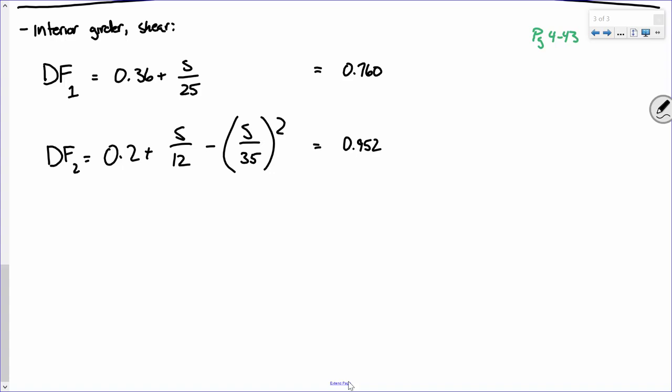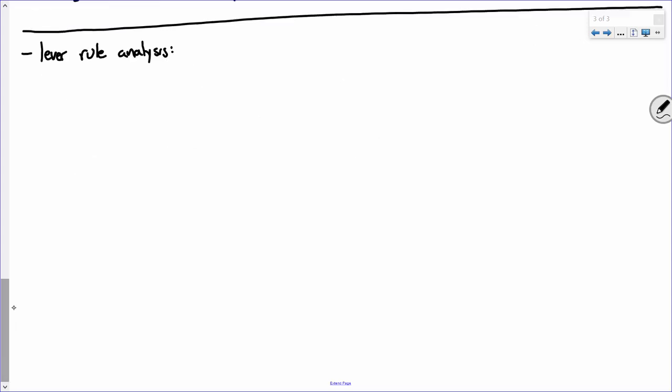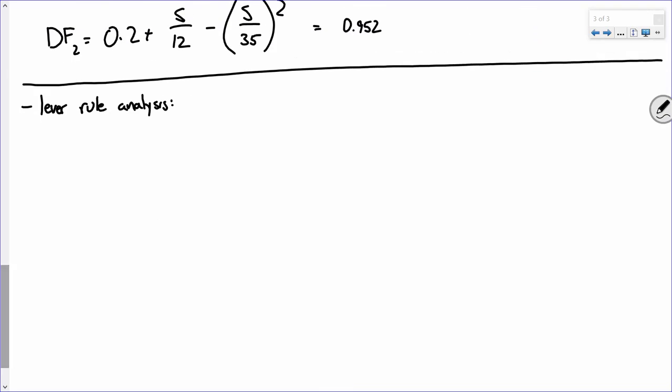But to do exterior girder distribution factors, we got to take a little bit of room on the side, and we got to do a lever rule analysis. So let's draw a line in the sand. Let's do a lever rule analysis. Okay, so here's how the lever rule analysis works.